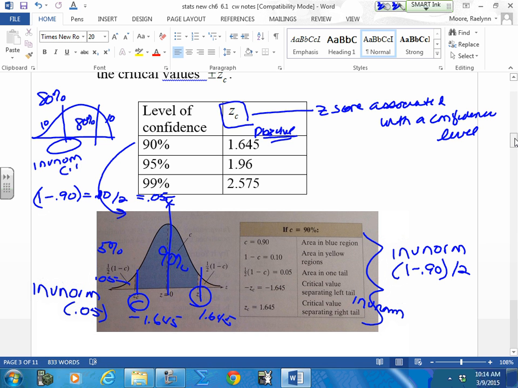on 0.10. You can do the inverse norm on the whole thing. You can do 1 minus 0.80, parentheses, divide by 2. Inverse norm will let you do the whole thing. So if we do an inverse norm, try it, guys.